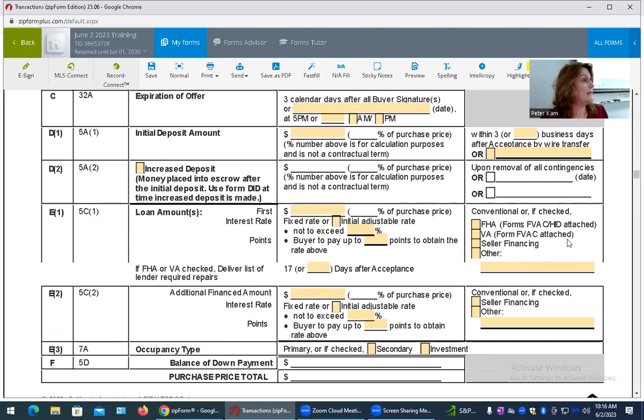So even if they remove the appraisal contingency, those two types of loans still have that appraisal contingency in effect, regardless of whether you removed it or not. Okay, so bear that in mind.